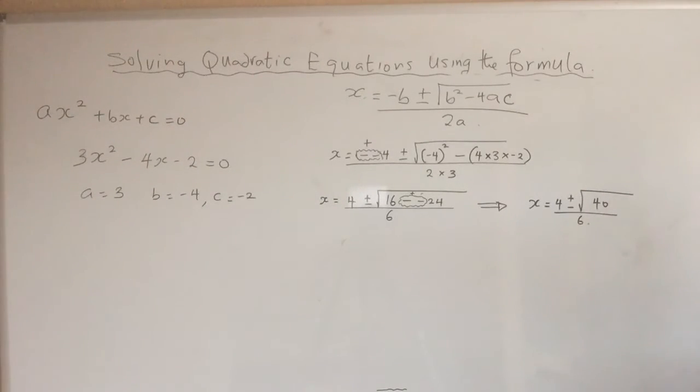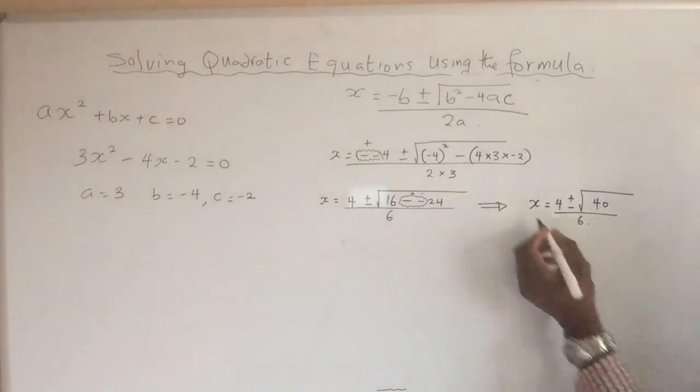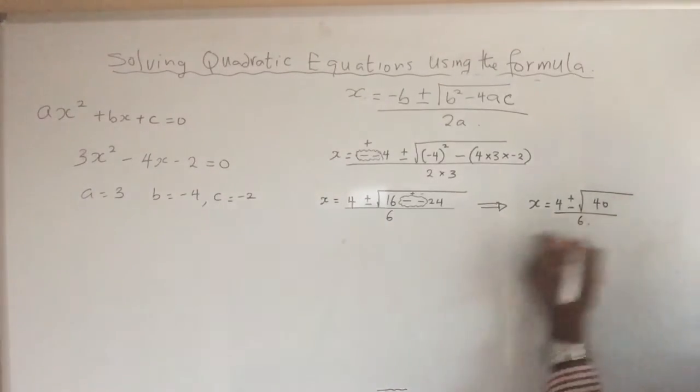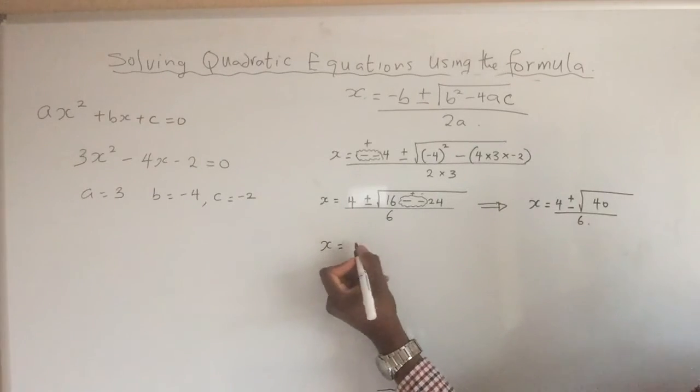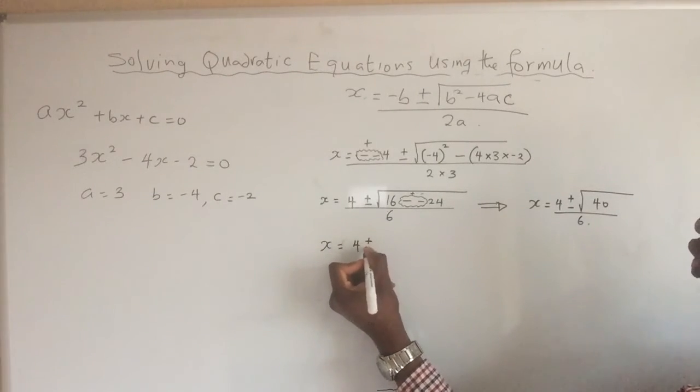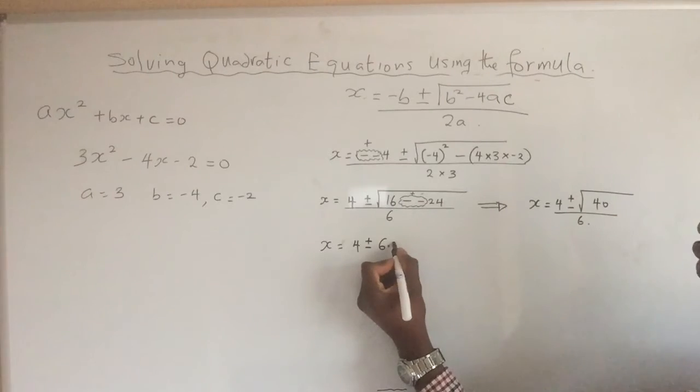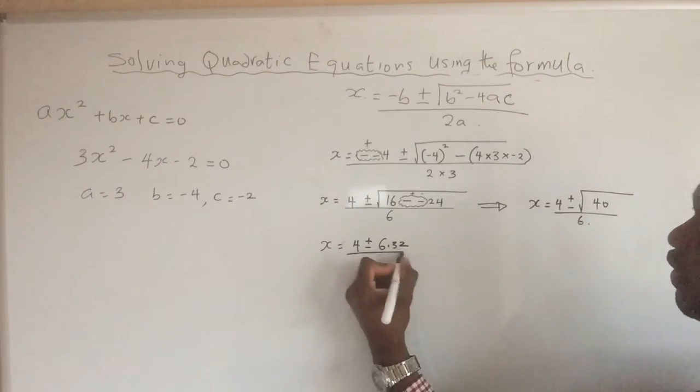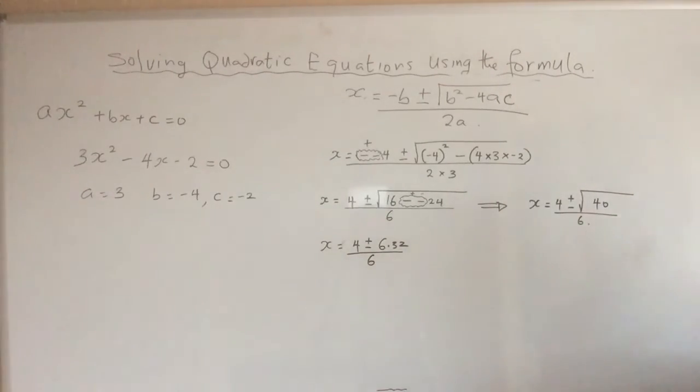And the square root of 40 is 6.32. So that means x equal to 4 plus or minus 6.32 divide by 6. As you can tell already, we're going to have two values for x.